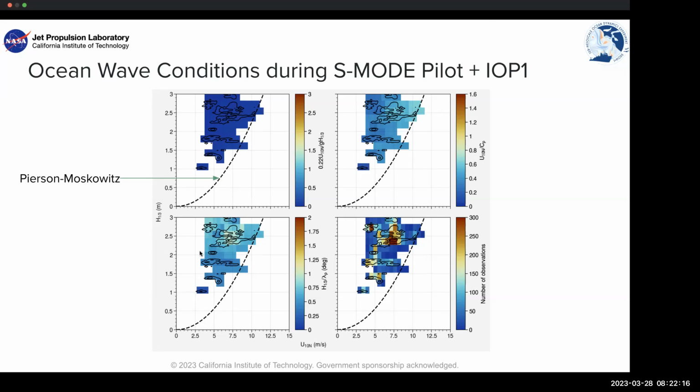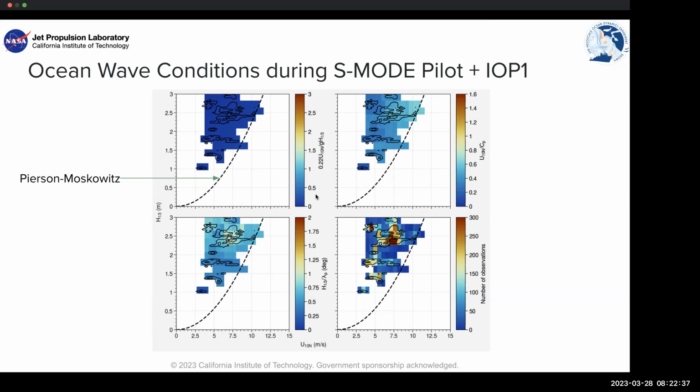And the significant slope, again indicative of old seas, shows that we have a wide variety of wave ages and wind conditions, but we don't have a whole lot of young seas.